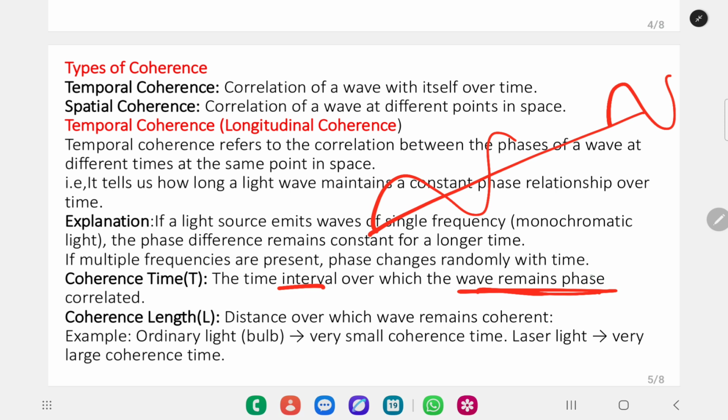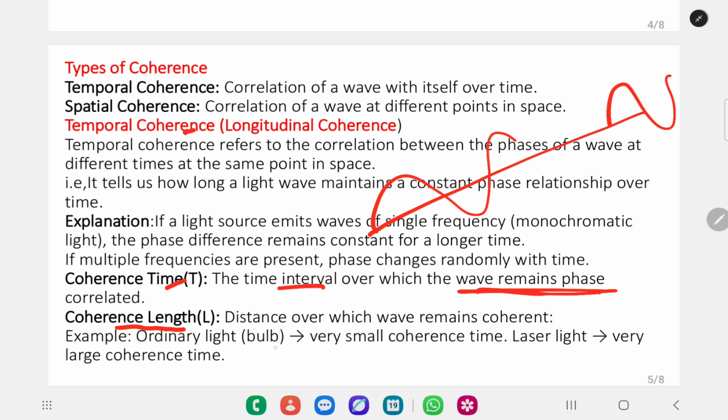It characterizes how well a wave can interfere with itself at different times, that is, the correlation between the waves observed at different moments. That is coherence time and temporal coherence.